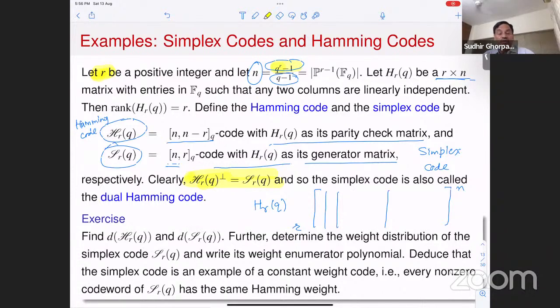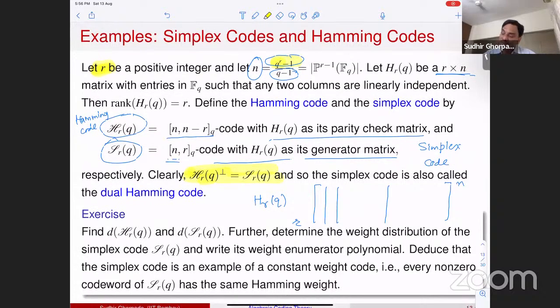Okay. So if you are interested, here is an exercise for you. You find the minimum distance of this Hamming code and the minimum distance of the simplex code. In fact, for the simplex code, you can do even better. You can actually find the weight distribution without too much difficulty. That means the spectrum, and therefore write down the weight enumerator polynomial.